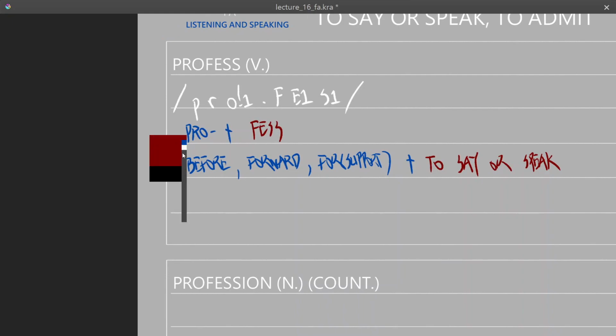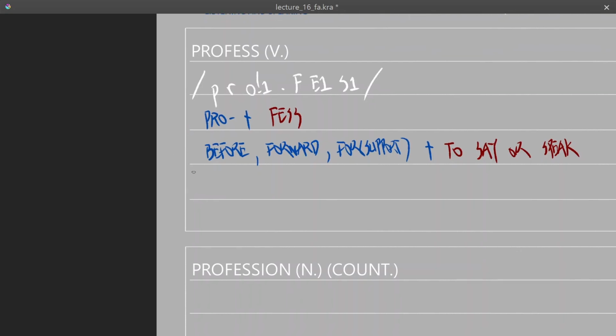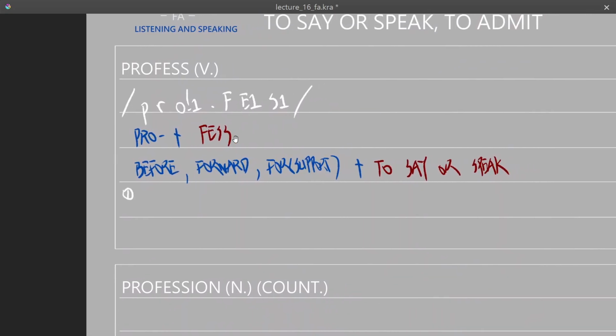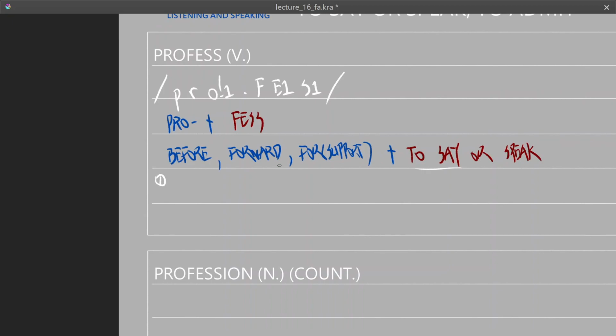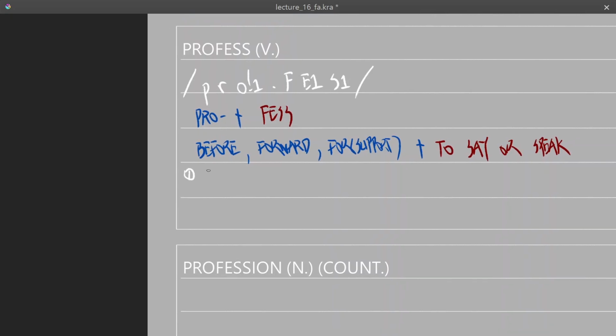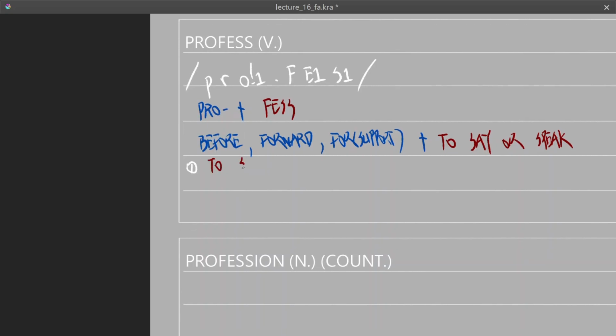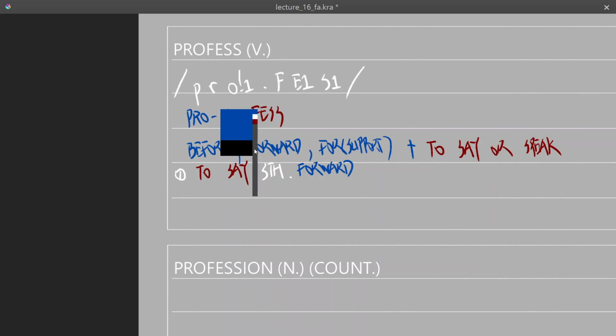The first meaning is to say something forward, publicly.